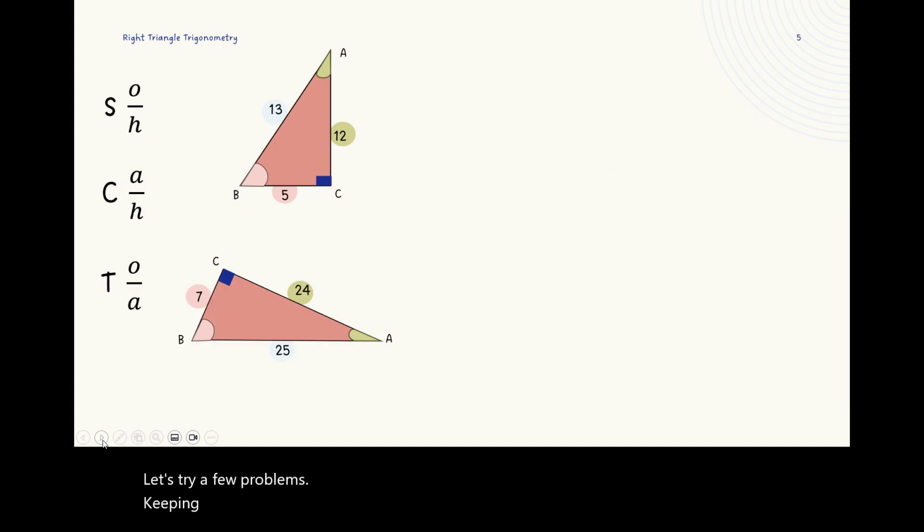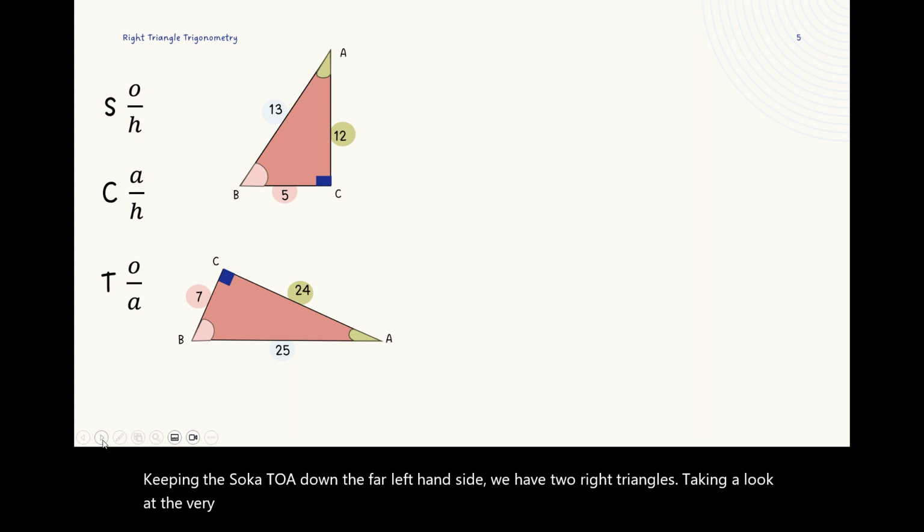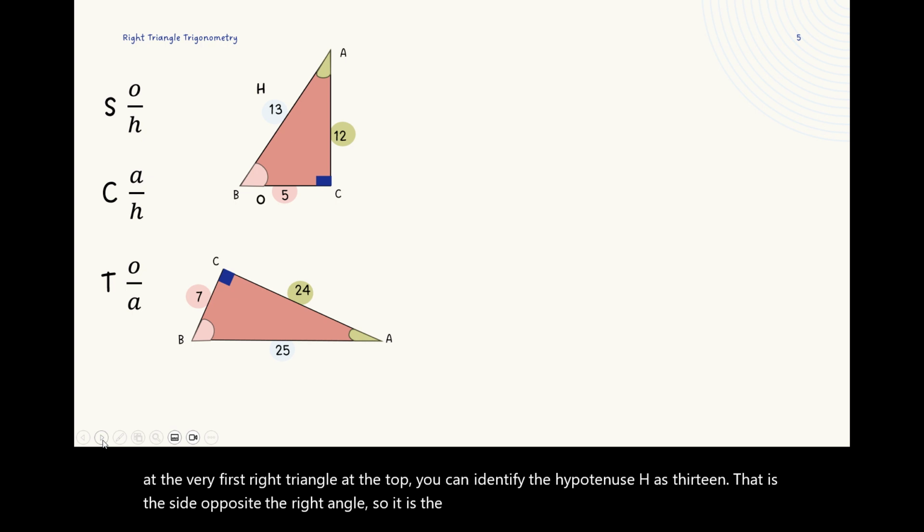Keeping the SOHCAHTOA down the far left-hand side, we have 2 right triangles. Taking a look at the very first right triangle at the top, you can identify the hypotenuse H as 13. That is the side opposite the right angle, so it is the hypotenuse.